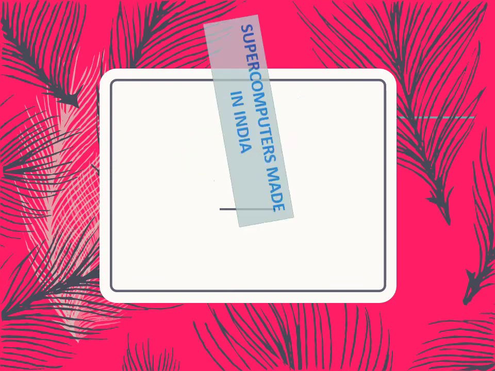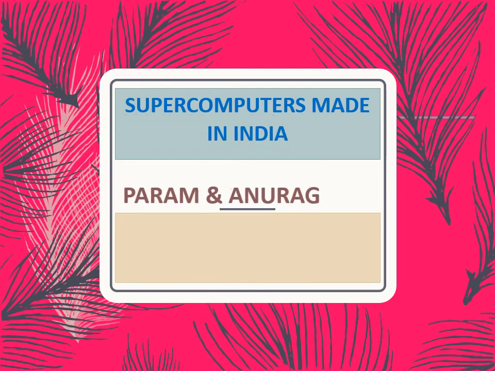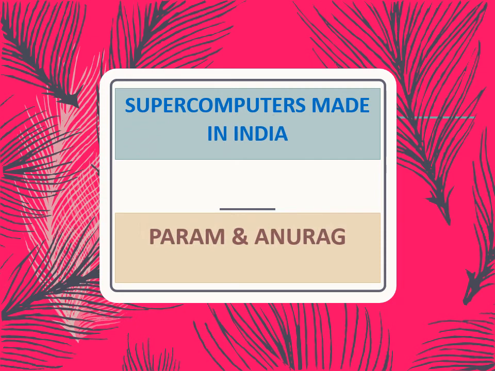Now let us know about some of the facts related to the supercomputers. The supercomputers which were made in India are Param and Anurag. They were the first supercomputers which were made in India.